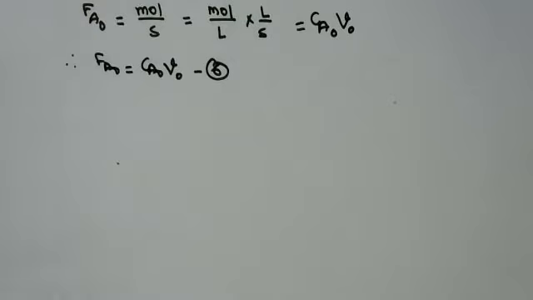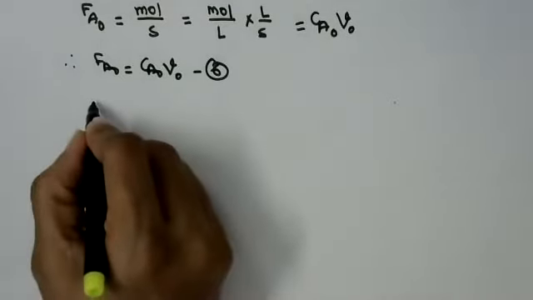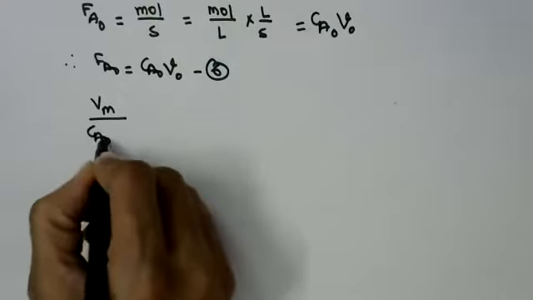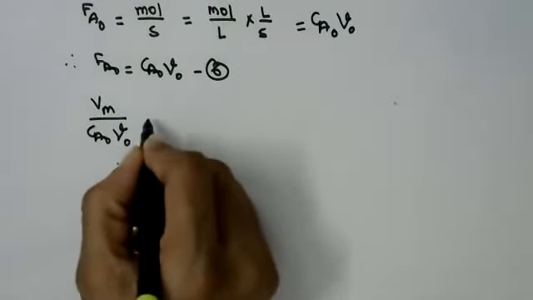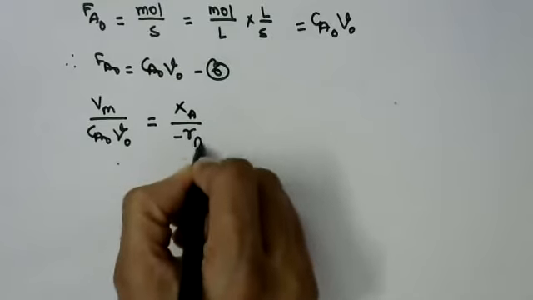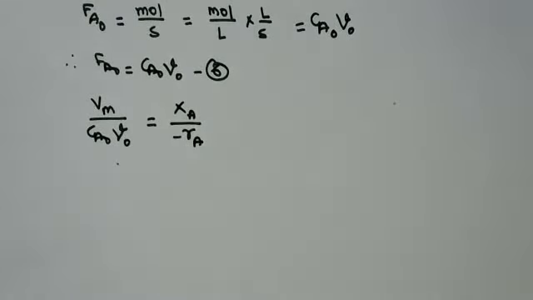Let us substitute FA0 in equation 5 with CA0 V0. And therefore, Vm upon CA0 V0 is equal to XA upon minus RA.